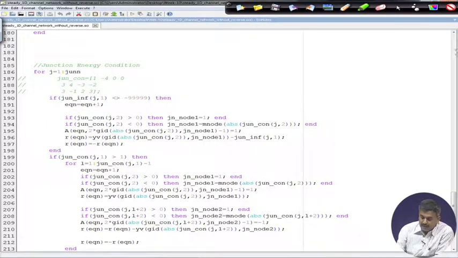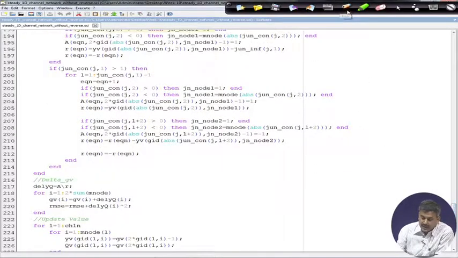Now, this is the condition which will be there with one section or one channel. If we have multiple channels, then we can utilize this junction connectivity J1 which is greater than 1. If it is 1, then obviously this will be calculated with the first condition.